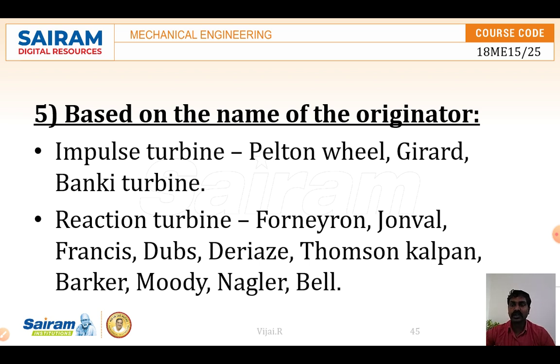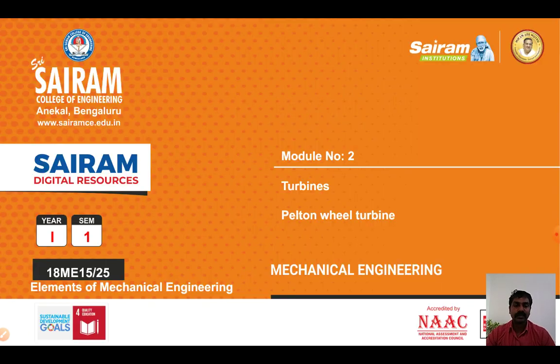The Pelton turbine is an impulse turbine. Reaction turbines include the Fourneyron turbine, Francis turbines, Moody turbines, Bell turbines. Just by naming, we get the name of the person who invented it. So these are the classifications of turbines.